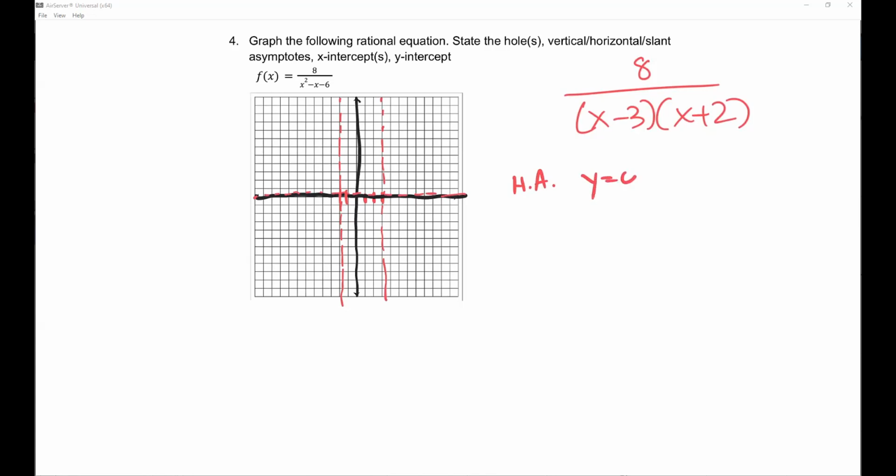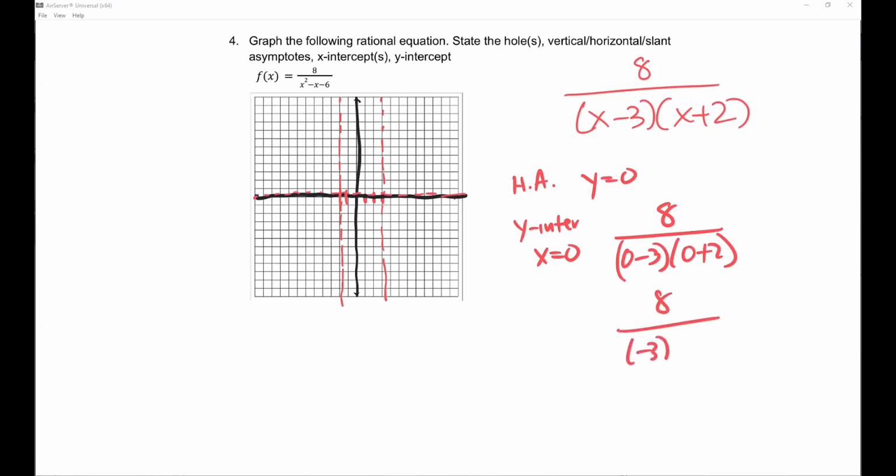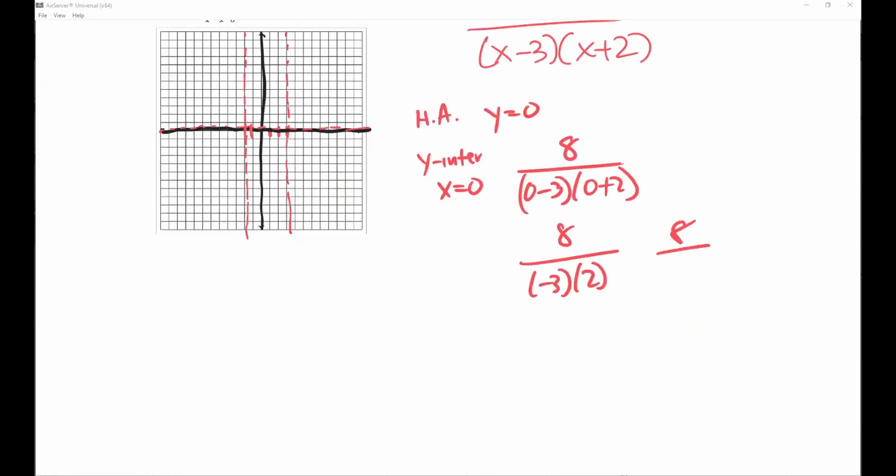And then the y-intercept where x is equal to 0. So 8 over 0 minus 3, 0 plus 2, 8 over negative 3 times 2, which is 8 over negative 6, which is 4 over negative 3.